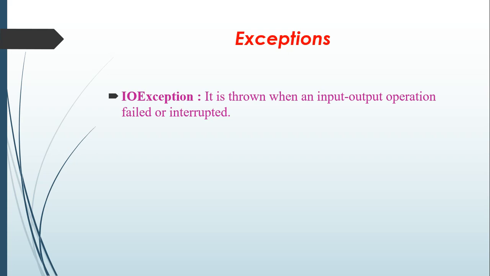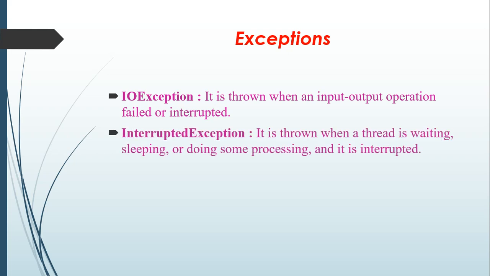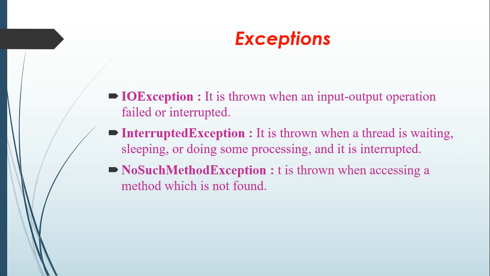When an input output operation failed or is interrupted, then that exception occurs. InterruptedException is thrown when a thread is waiting, sleeping or doing some processing and it is interrupted. NoSuchMethodException is thrown when accessing a method which is not found.